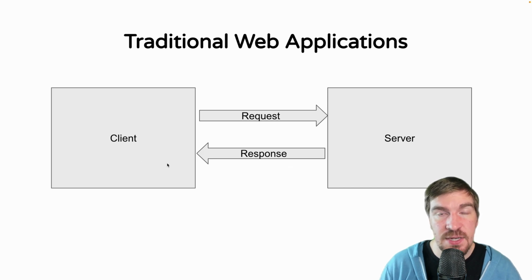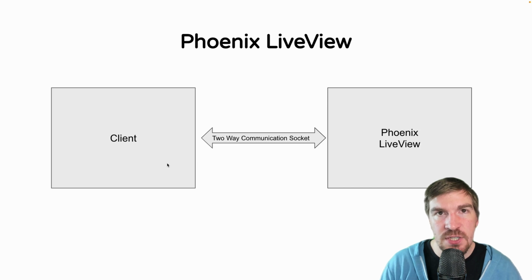But with Phoenix LiveView, we actually establish two-way communication via a WebSocket. And so the client can send communication to the server, or Phoenix LiveView, and Phoenix LiveView can also send communication to the client in a two-way communication.